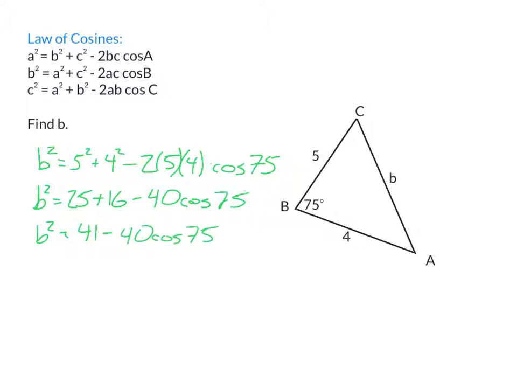My calculator tells me 41 minus 40 cosine 75 is about 30.65. And then if I square root both sides, B is approximately 5.5. Okay, and that's how we can use the law of cosines to find missing sides of a triangle. For now, we are done.